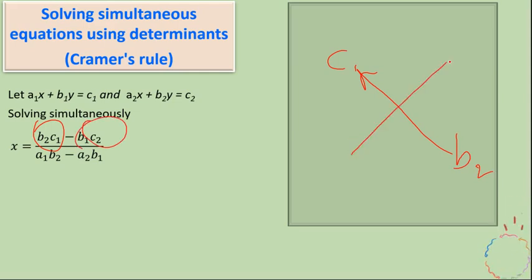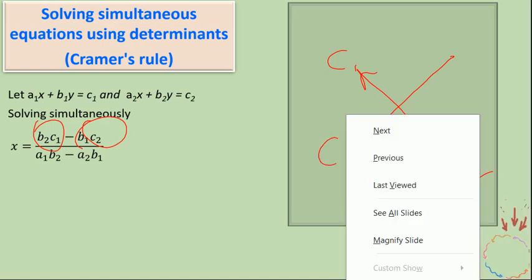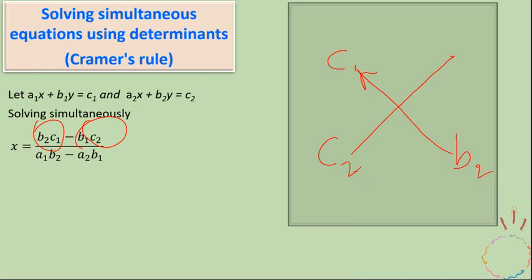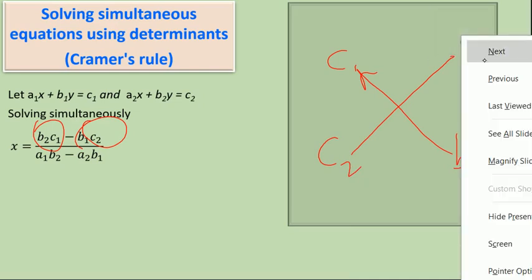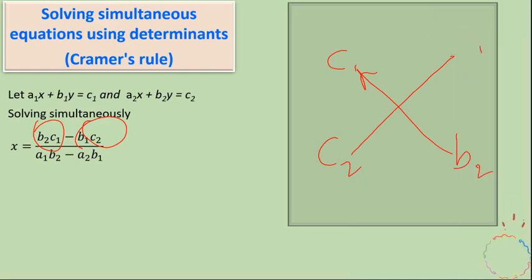For that second diagonal, that will give me the position of C2, and this will give me the position of B1. So we have the numerator, which we call the determinant for x.